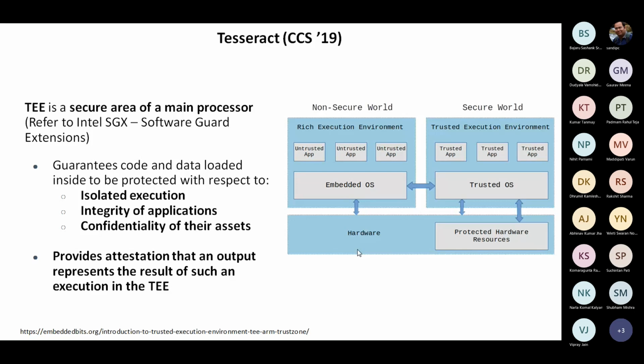And as I said, it provides attestation that an output represents the result of such an execution in the TEE. That means you get a guarantee that whatever is running in this environment indeed is running in this trusted domain, and the versions of the different software or applications are actually returned by this particular hardware.